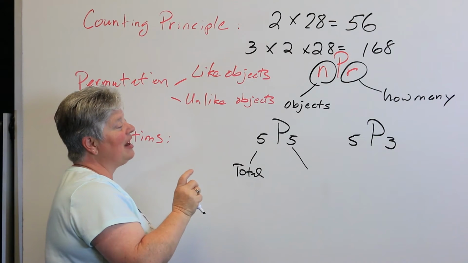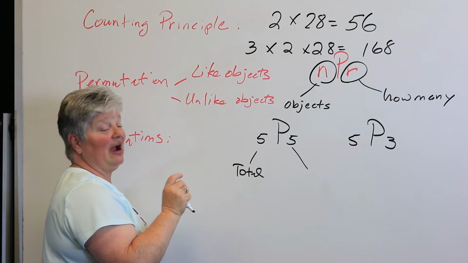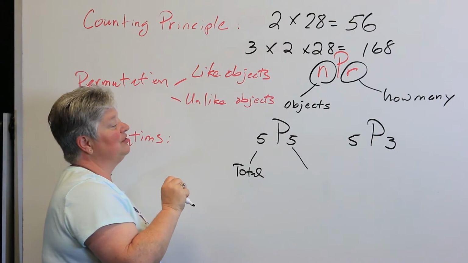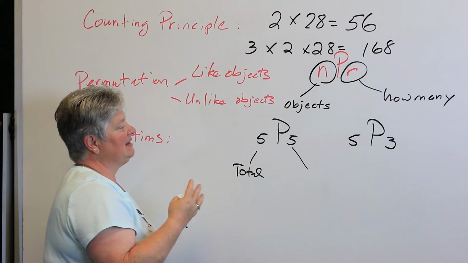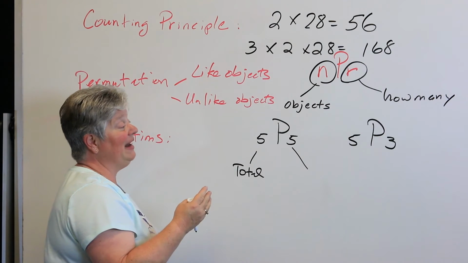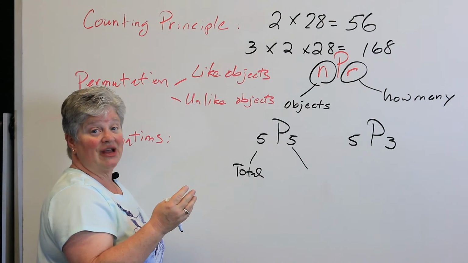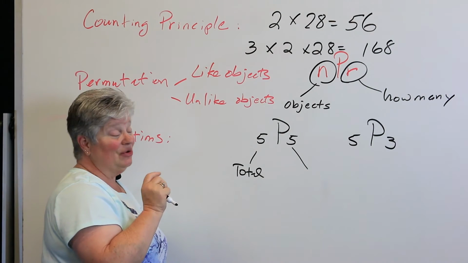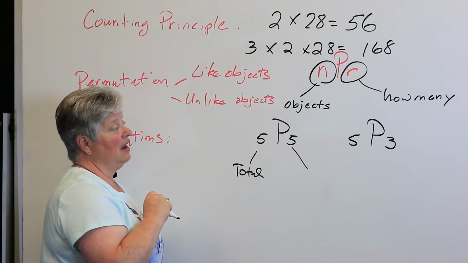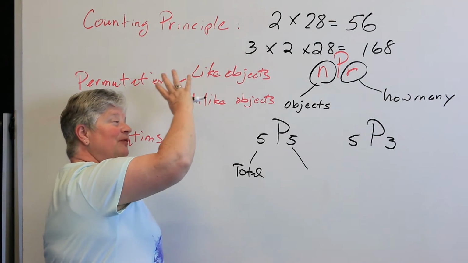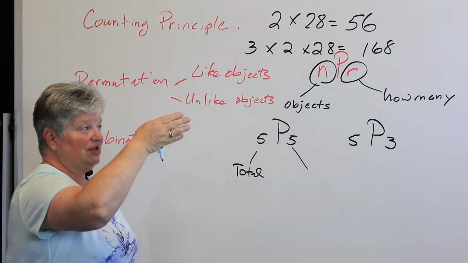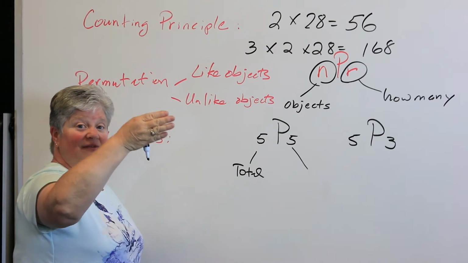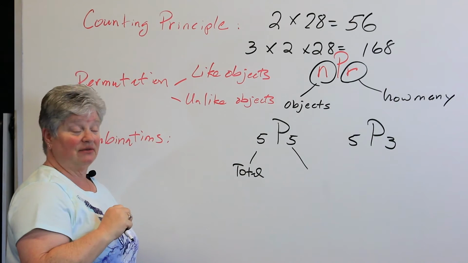If you're not sure how to do a permutation on your calculator, what you want to do is probably just Google it, because there are many different calculators out there, and they all do it a little bit differently. But for this piece, we're talking about a permutation, which is an ordered arrangement of distinguishable objects.